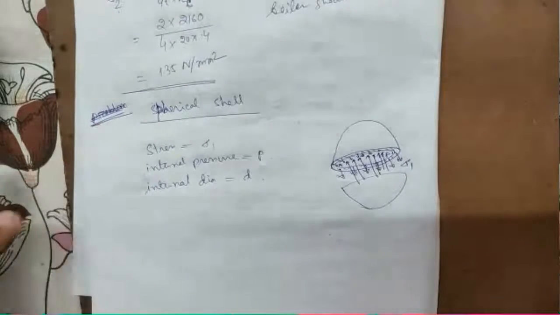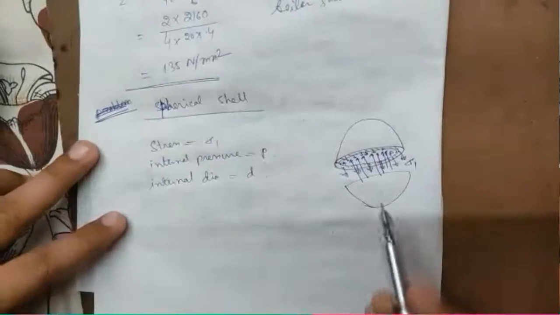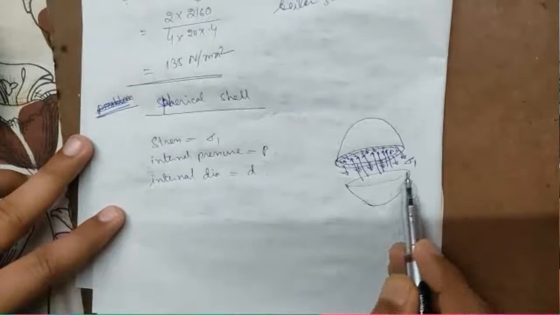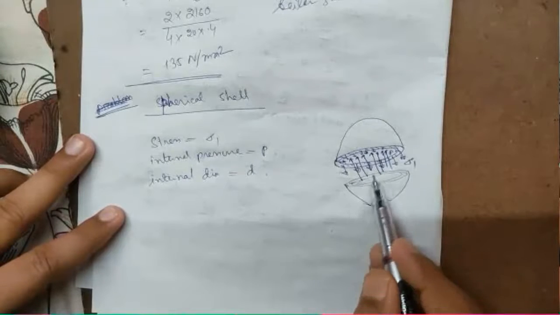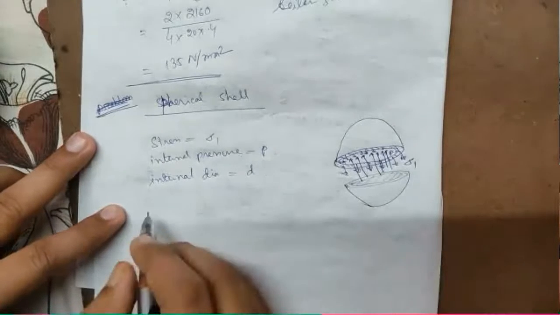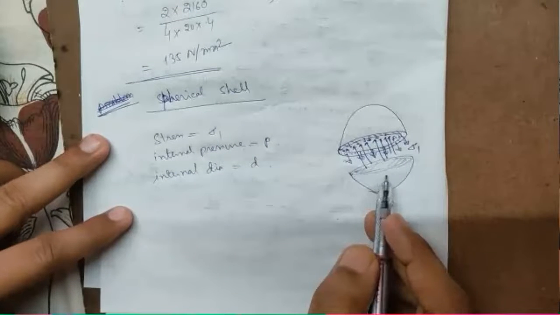So the area on which this pressure is working is just this one. So here this area is pi d square by 4.